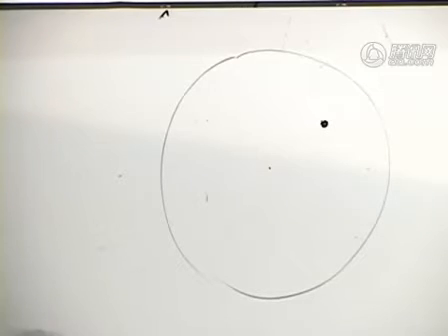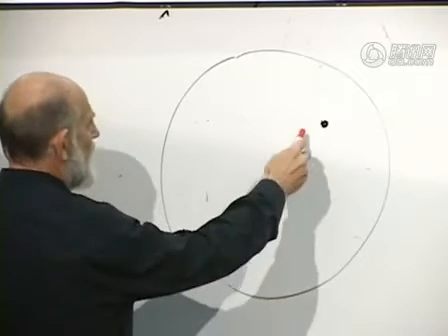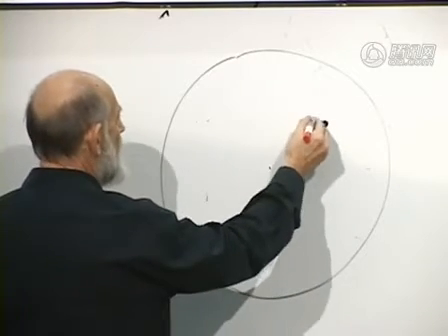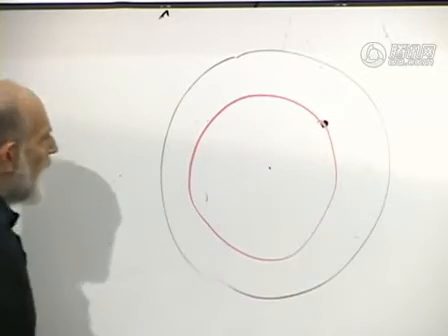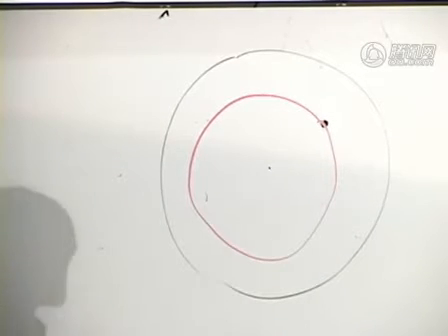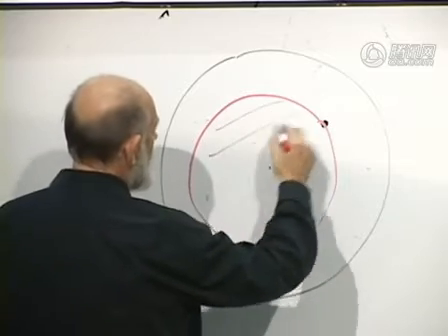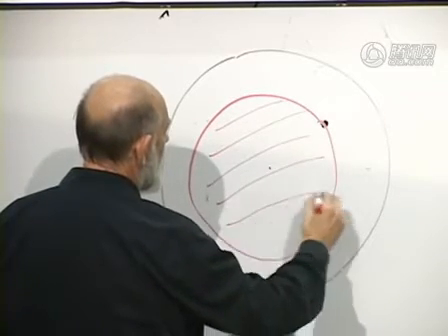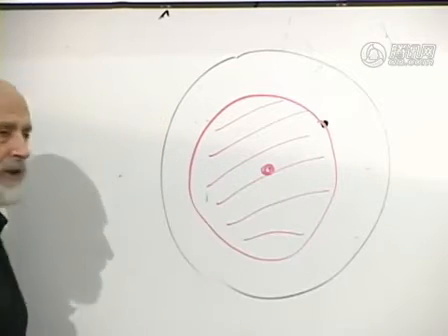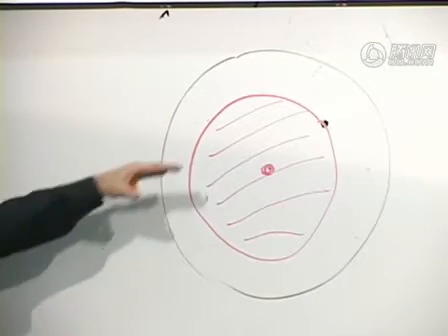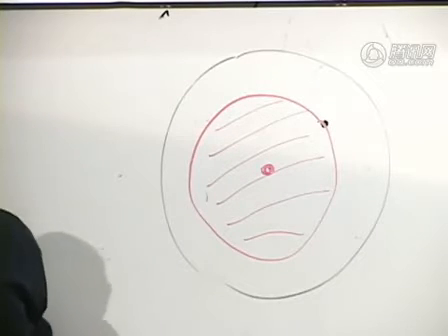And the answer is, you draw a sphere at the same radius as the particle, and you take all of the mass inside that sphere, and you pretend that it was localized right at the center of the sphere. What about the material outside that sphere?